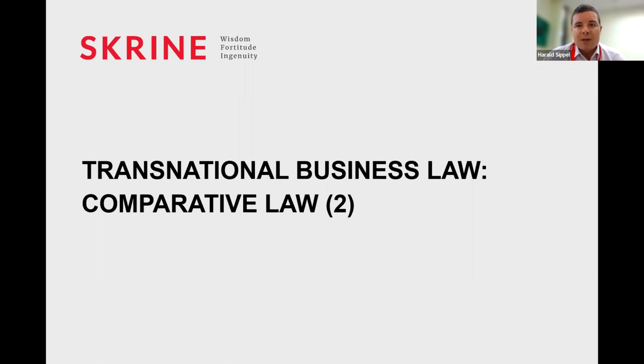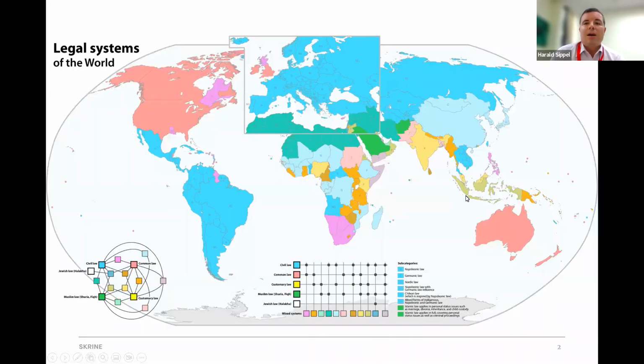So I copied to you the screenshot from something you can actually find on Wikipedia. And it's a very detailed overview of systems around the world. And I hope that this is not overwhelming, but it can be explained very simply. What is blue here, even if it's light blue, that's still mainly civil law world.